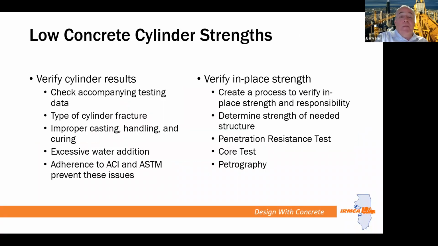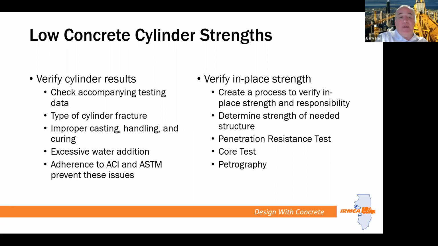And then we move on to low cylinder strengths and possible causes and corrections for that. First of all, we have to verify that the results are in fact correct. And we also want to take a look at the data that is recorded on the cylinder report, because that could lead to clues as to why we may have failing results.